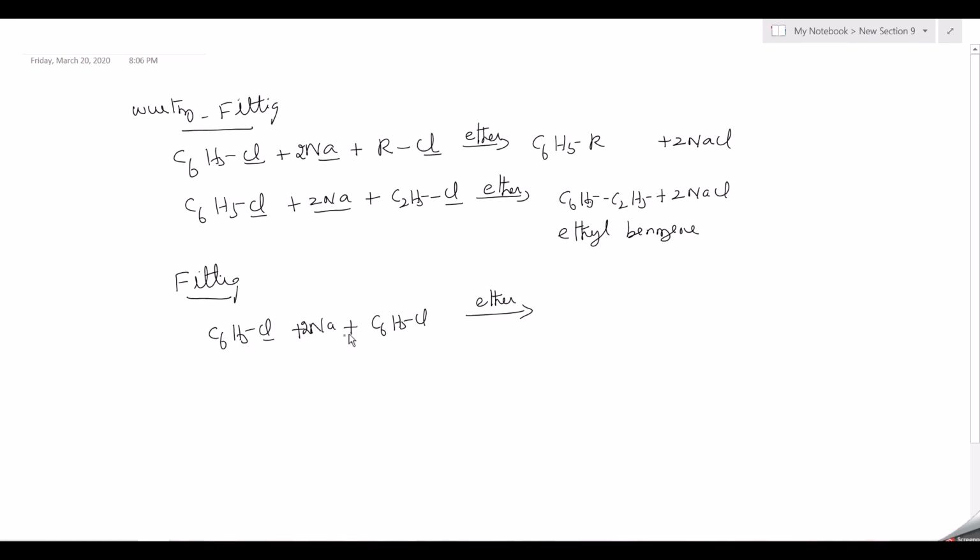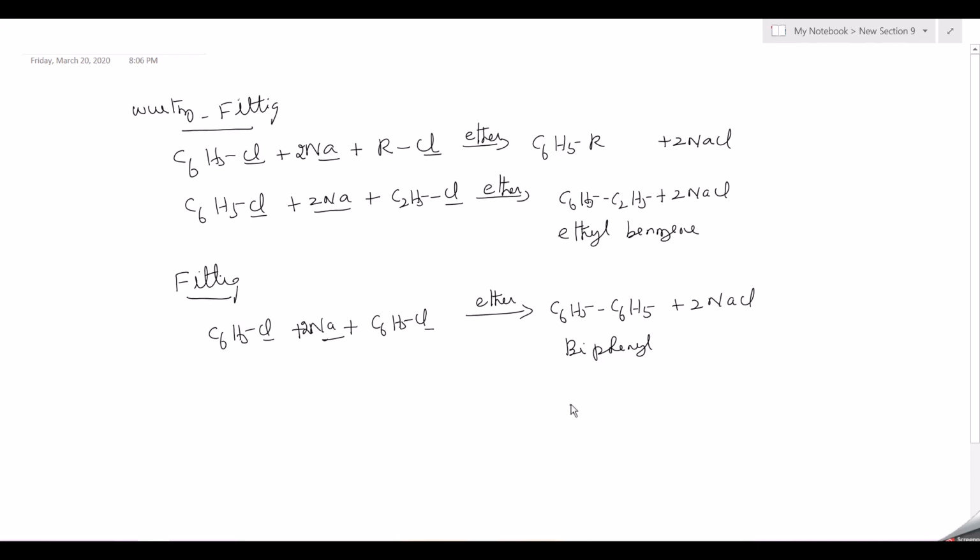So this chlorine and sodium and this chlorine, they will combine to form sodium chloride, and remaining you have C6H5 and C6H5 and 2 molecules of sodium chloride. So this is what we call biphenyl. So when you take chlorobenzene and chlorobenzene with sodium and ether, you will be getting biphenyl. This is Fittig reaction. In Wurtz Fittig reaction, we are taking an alkyl halide and aryl halide. And here only aryl halide we are taking. There is a main difference between Wurtz Fittig and Fittig reaction.